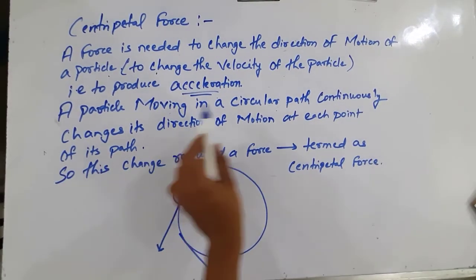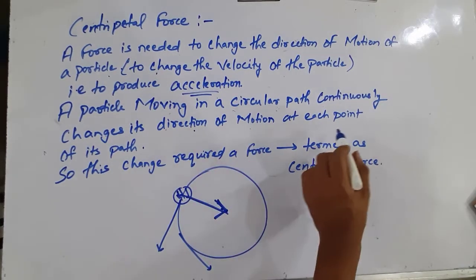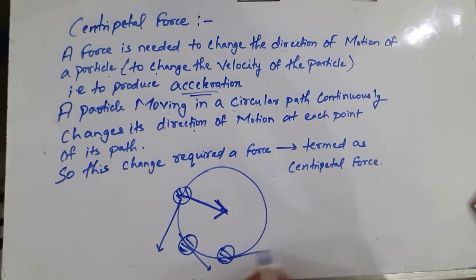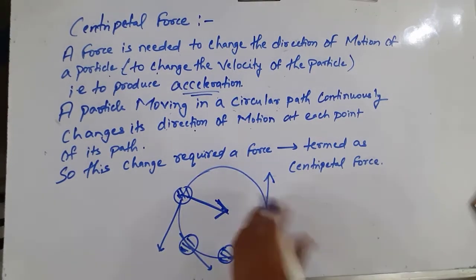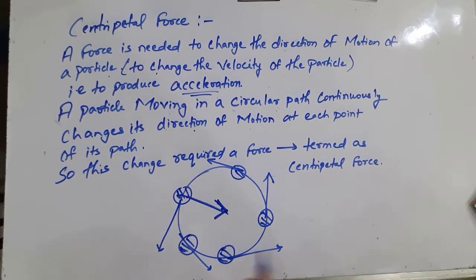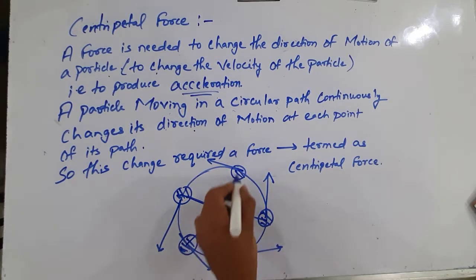A particle moving in a circular path continuously changes its direction of motion at each point of time. We can see in the figure that when the particle reaches different positions, it continually changes its direction. This change in direction is possible only when there is a force acting on the body, and the force acting here is towards the center of the motion.